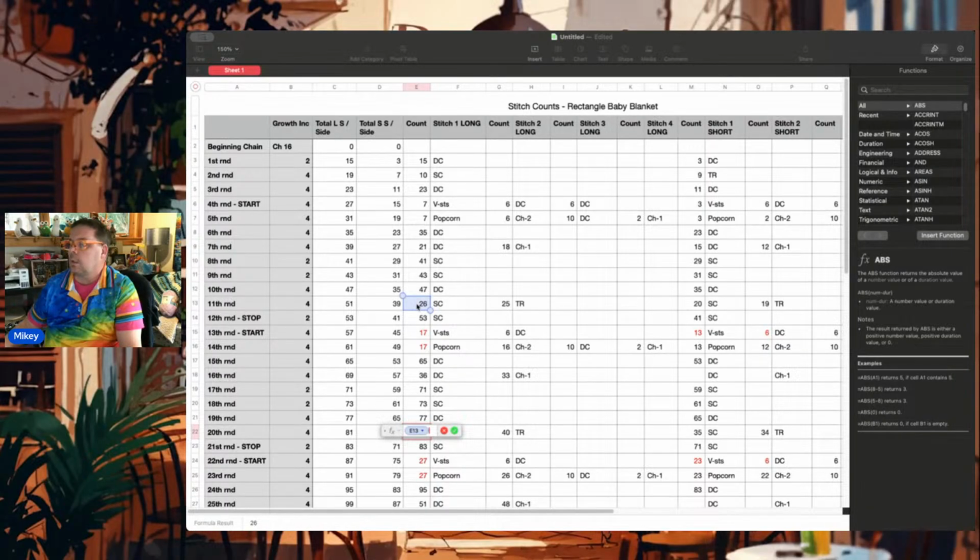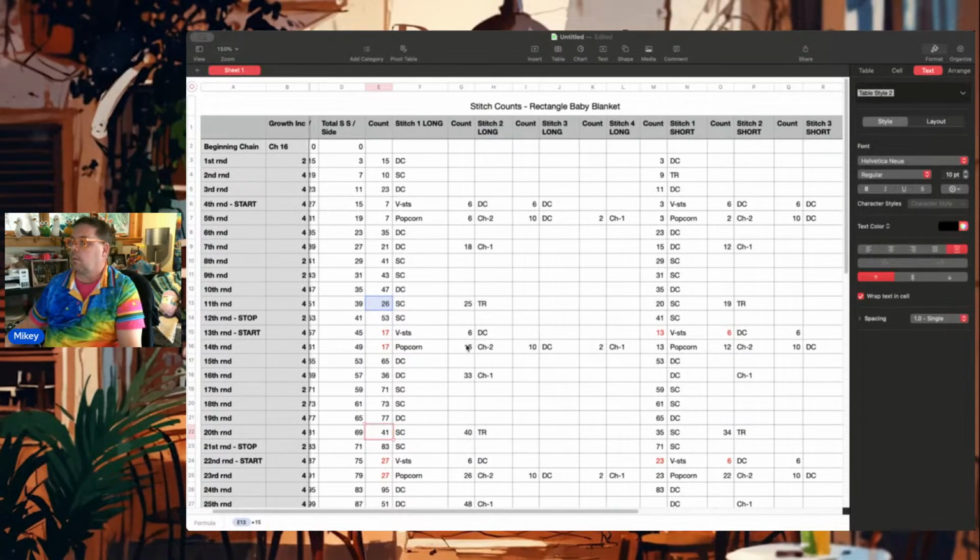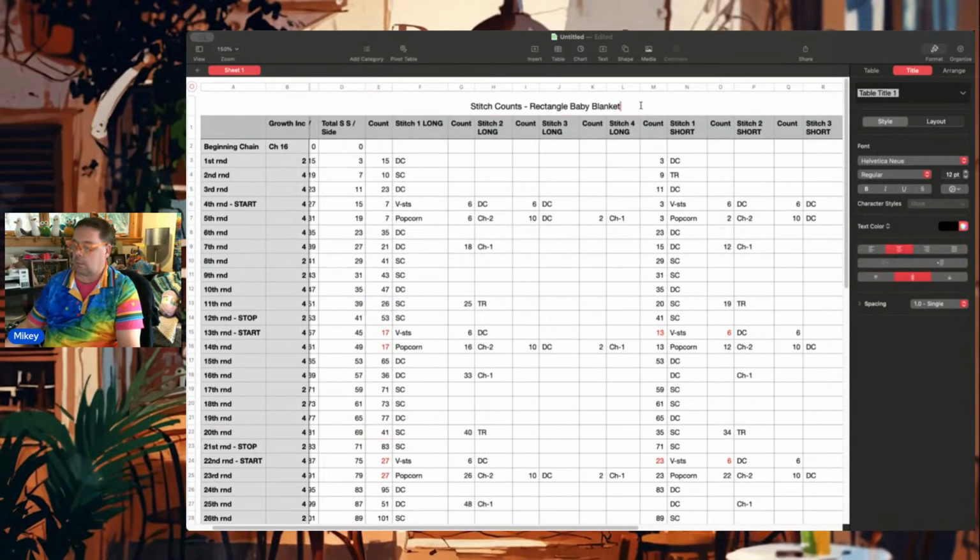Huh. Plus 15. So 15 is the magic. I need to record this somewhere. Increase. 15 just per repeat.